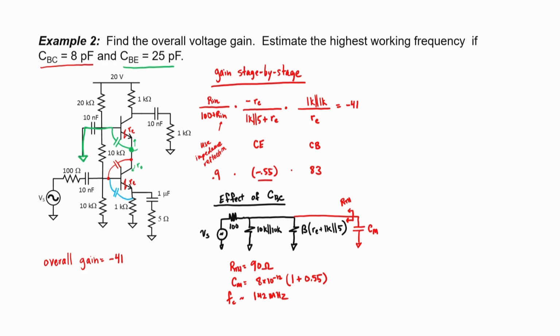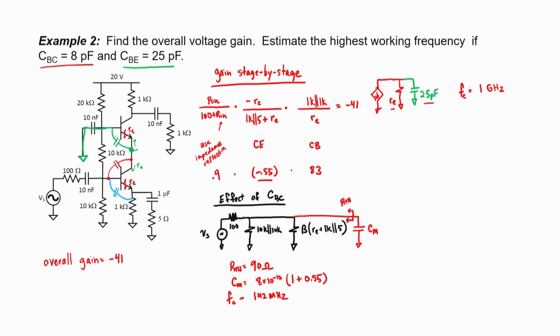So at this point in the circuit, we're effectively seeing a 25 picofarad capacitor, no Miller effect needed because it's connected directly to ground, in parallel with R sub E. Well, if you use 25 picofarads and Re in order to find out what the corner frequency is, you're going to find here that it's about 1 gigahertz.